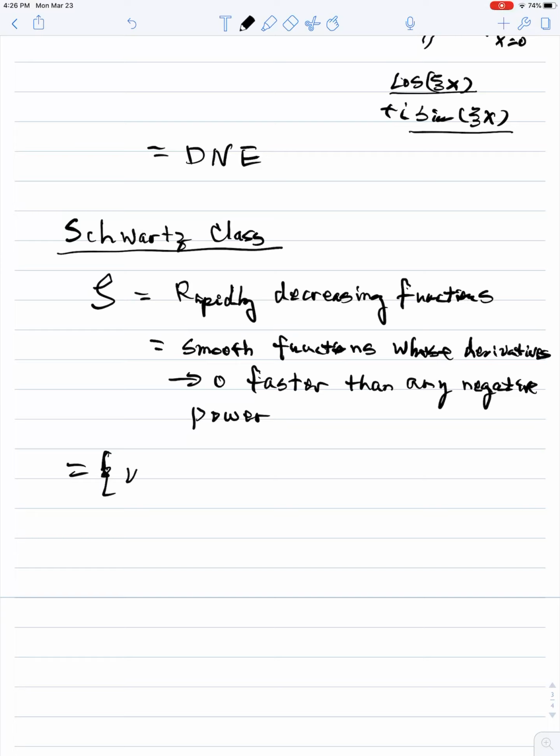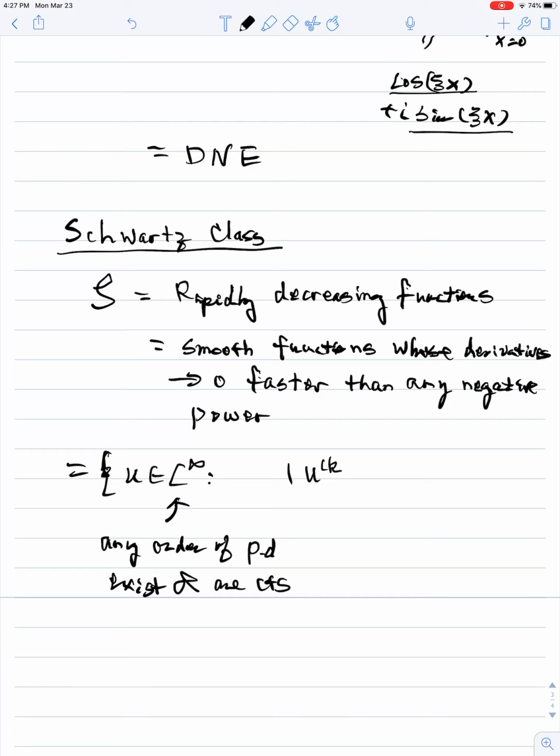It is the set of u that is C infinity. C infinity just means that partial derivatives of any order exist and are continuous. These are functions defined on a Euclidean space, and we will just think about it as one variable.